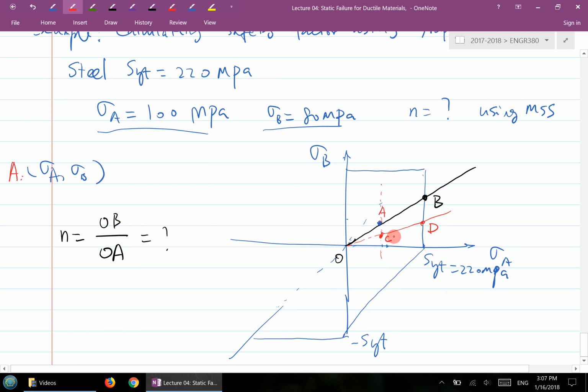So here's a quick question. The safety factor corresponding to the state of stress at A, and the safety factor corresponding to the state of stress at C, are they the same or are they different? Using geometry.